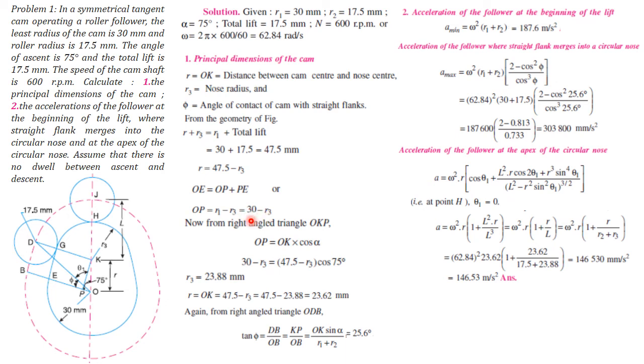Now from the right angle triangle OKP, angle OPK is the right angle, whereas the angle POK is nothing but the maximum angle of ascent, alpha, that is 75 degrees.